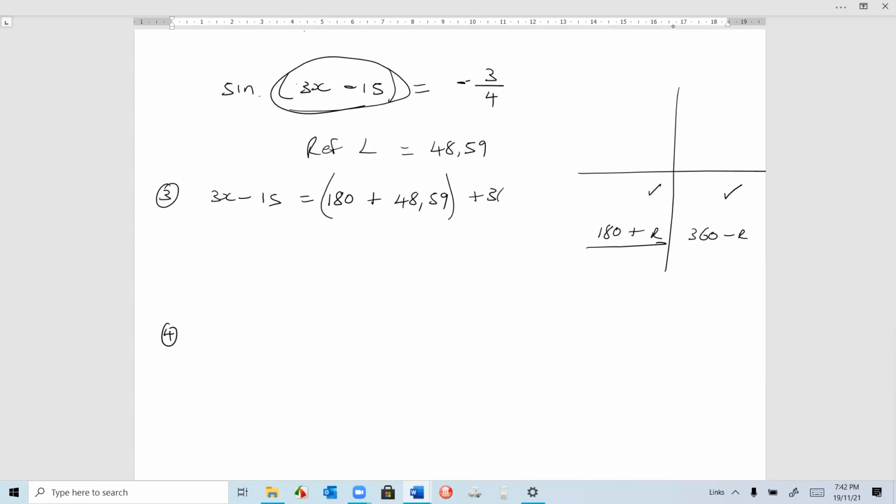And then I'm going to add 360k, k is an element of Z. But in quadrant 4, you're going to say 3x minus 15 is equal to 360 minus 48.59 plus your 360k. And from there, you can solve it.